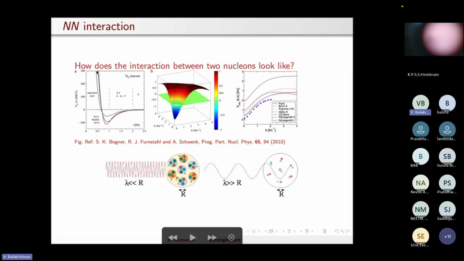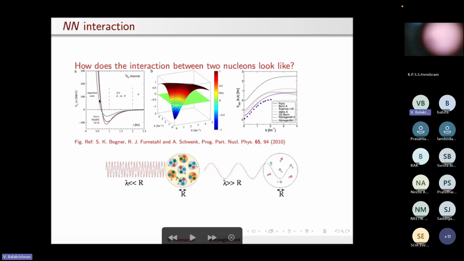If you recall, I told you that the interaction looks very much like the molecular potential, where you have short-range repulsion and intermediate and long-range attraction. I also mentioned that it's usual to do this calculation in momentum space, because in momentum space you can deal with just matrix diagonalization numerically, whereas in position space you have to solve a differential equation.